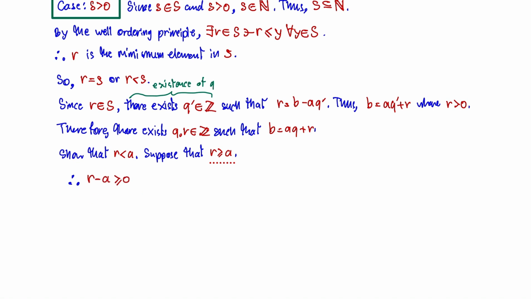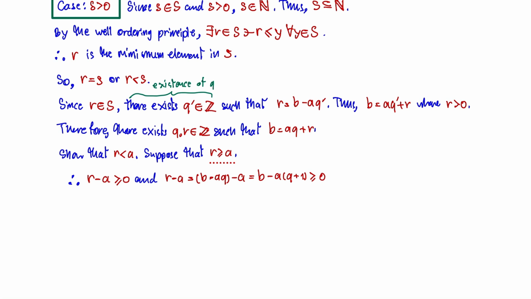Okay, and what is R minus A? Give me a second. R is here, right? So R minus A turns out to be B minus AQ minus A. Then we're going to have B minus A times Q plus 1.